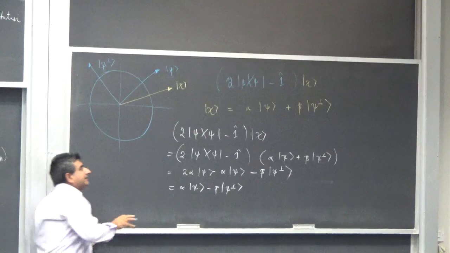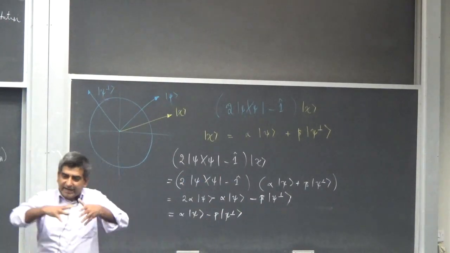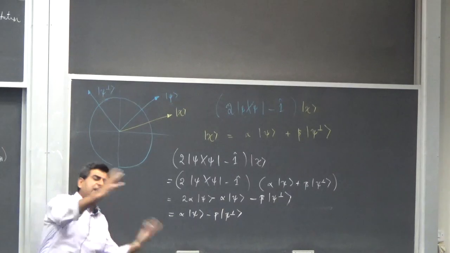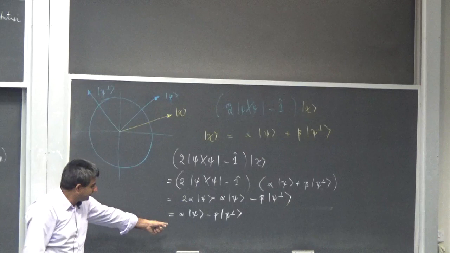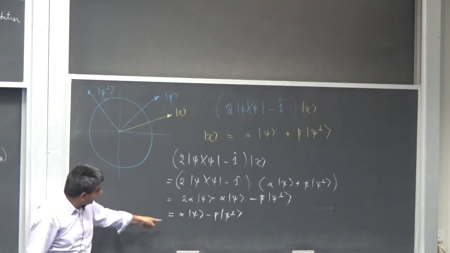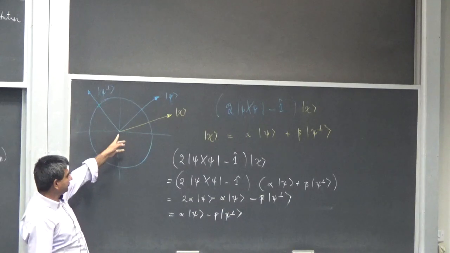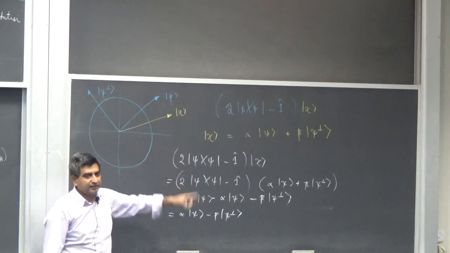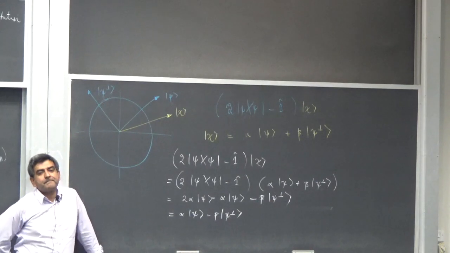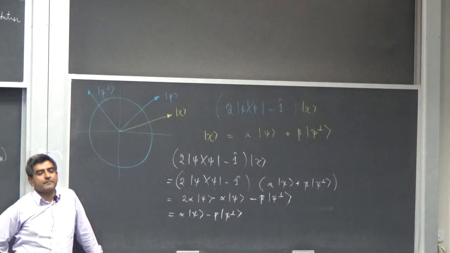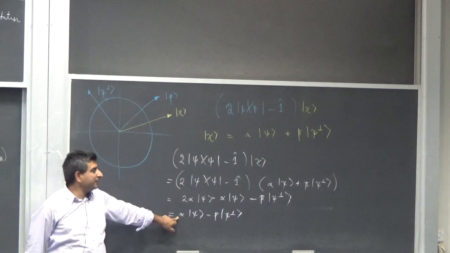So when this kind of strange operator, let's call this the amplification operator, acts on some arbitrary input state, what is it going to do? By looking at this solution, can you identify what it will do geometrically to the state? Alpha, by the way, is just the probability amplitude.